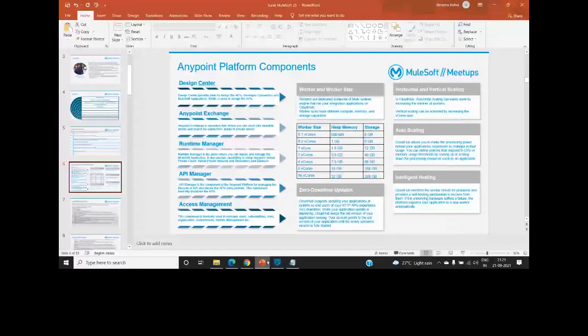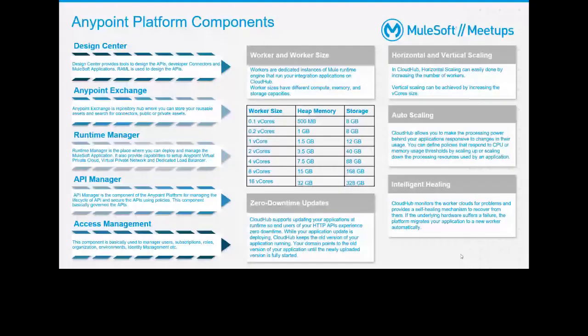Then it comes to auto scaling. CloudHub also provides this feature, but by default it is not enabled. You have to go for a higher version of the license to have it. You can define a policy in Runtime Manager for that particular application. If the CPU or memory usage is greater than 80% for the next 10 minutes, you can add more workers or increase the worker size.